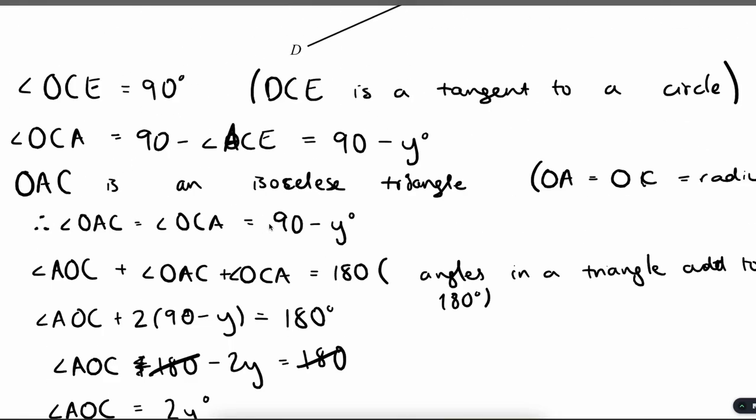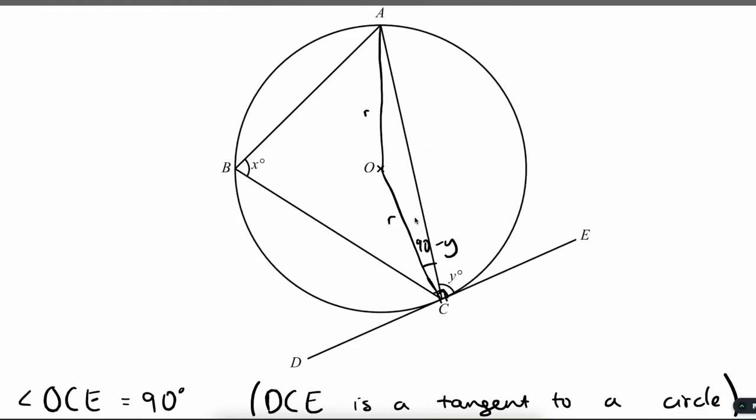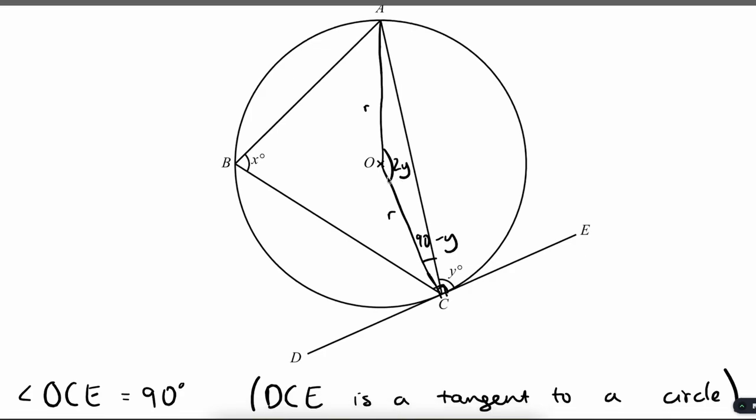So we know this is 2y. Now this is subtended by the arc AC, and angle ABC is also subtended by the arc AC, but this is at the circumference, this is at the centre, and we know that the angle at the circumference subtended by the same arc is half the angle at the centre.